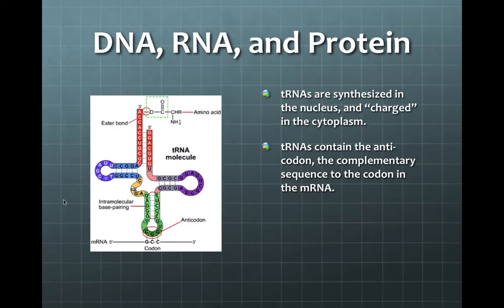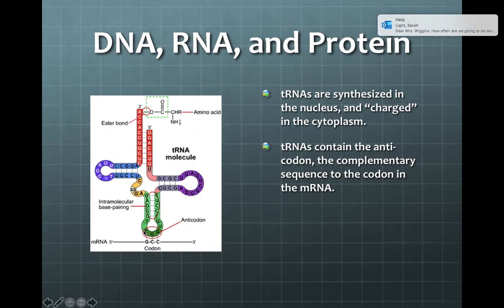All right, so this is a transfer RNA, okay? So I'm going to go over this. This right here is actually the amino acid, and a transfer RNA carries the amino acid, and then this is the anticodon, okay? So the anticodon is here, and then messenger RNA goes down here. So the messenger RNA codon is GCC, and that's coding for this amino acid right here.